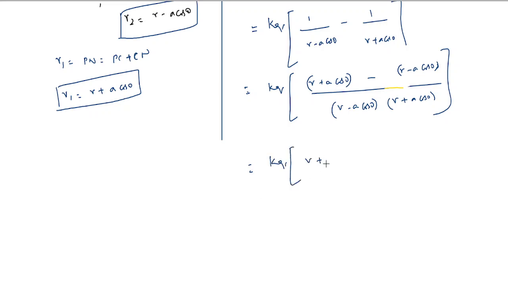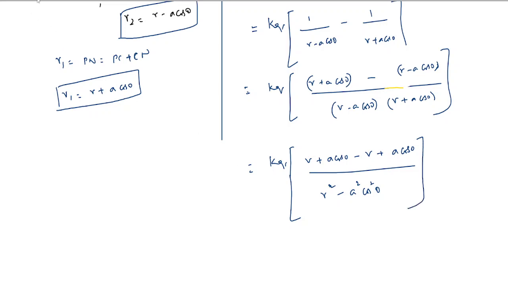It will be R plus A cos theta minus, open the bracket, minus R, and this term becomes plus A into cos theta, and this is of the form A minus B into A plus B, that is equal to R square minus this term square, that will be A square cos square theta, that's a single term.